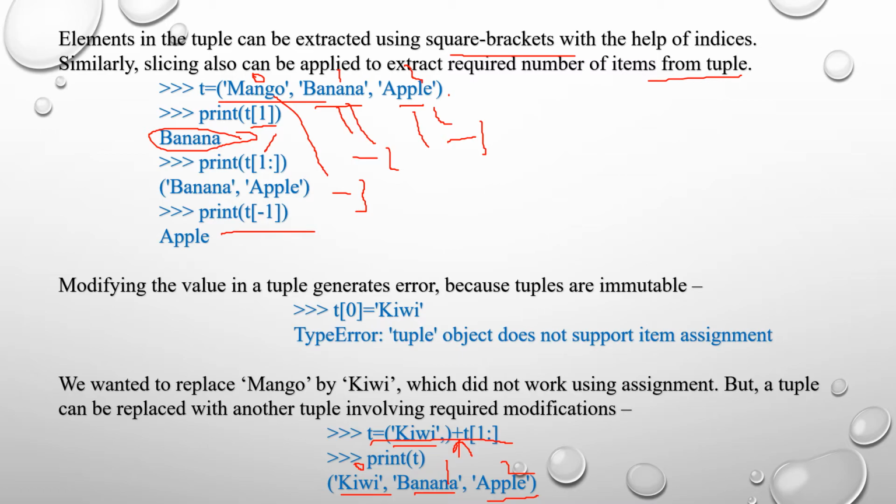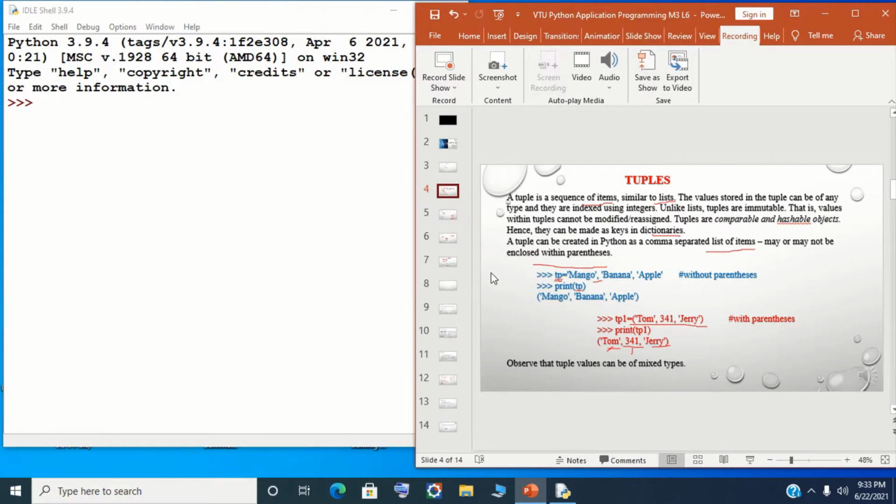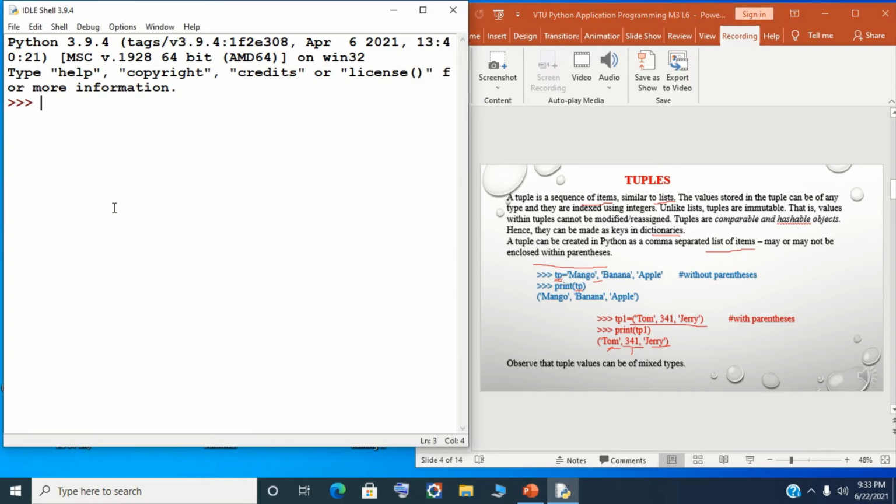Python interpreter. A tuple can be created in Python as a comma-separated list of items that may or may not be enclosed with parentheses. If you want to create a tuple, first we have to specify the variable name.